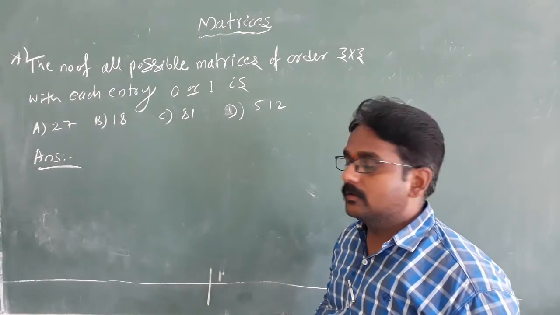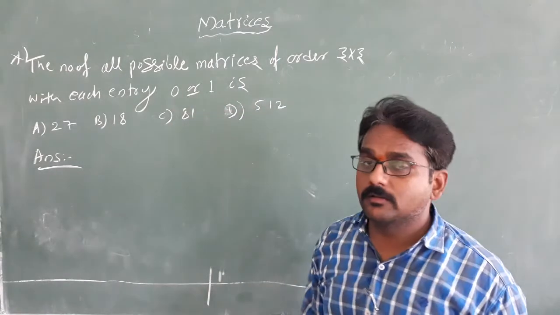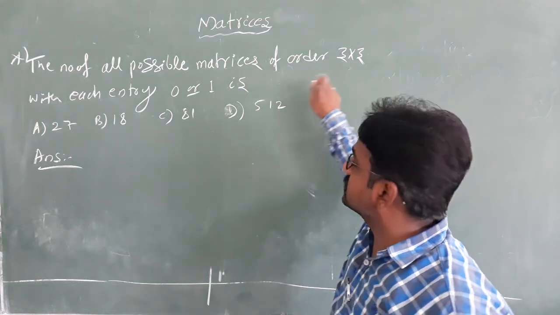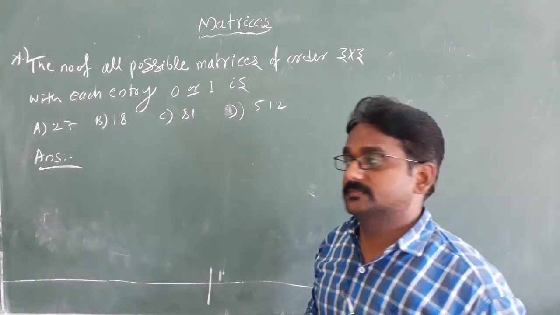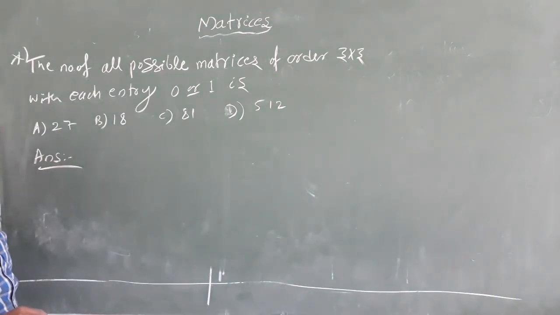Got the point? So with the entry 0 or 1, how many possible matrices of order 3 cross 3 can be constructed? In the 3 cross 3 matrix, how many elements will be there? Totally 9 elements.